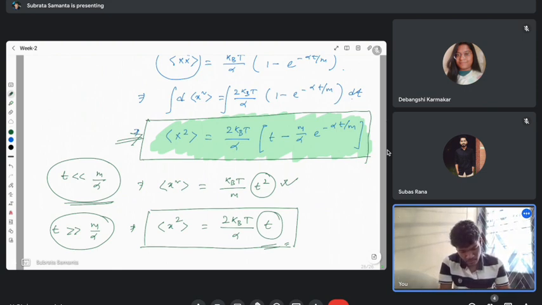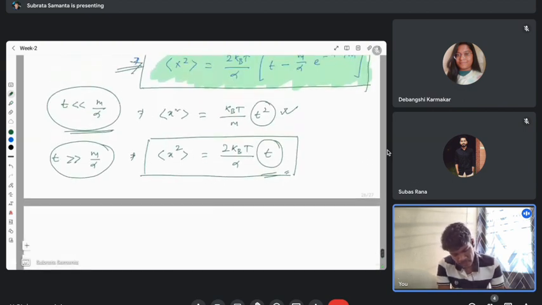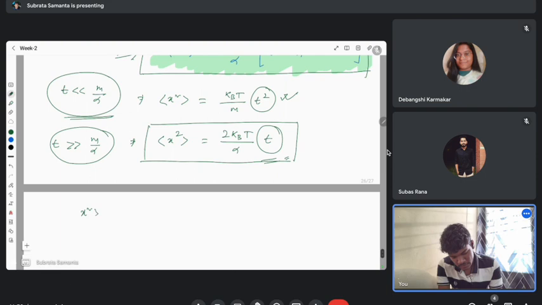But we calculated from the probability distribution function that x square average is 2Dt. So that means 2D is actually 2 kBT by alpha.